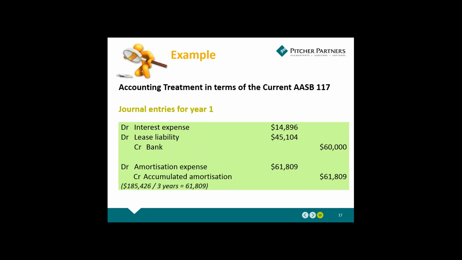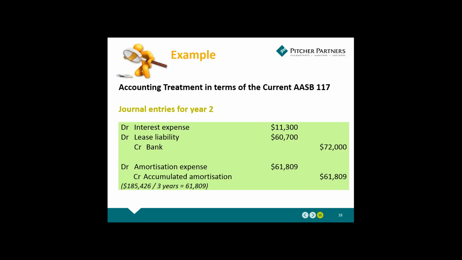And then the other thing is we've got this right of use asset. At the end of year one, we only have right of use for another 2 years. So we have to amortize that right of use asset. We amortize it over 3 years, the lease term. So we have debit amortization expense and credit accumulated amortization.